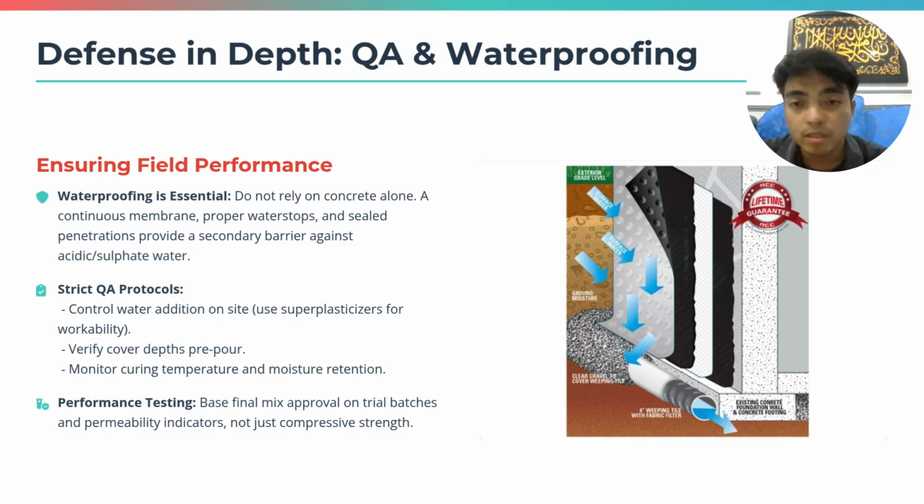Third, we specify a strict 75 mm concrete cover and a continuous waterproofing membrane. We believe waterproofing is essential, which serves as the primary barrier to sever the transport pathway of groundwater. During construction, strict QA protocols are non-negotiable, verifying cover depth before pouring and ensuring rigorous curing to achieve the intended dense microstructure.